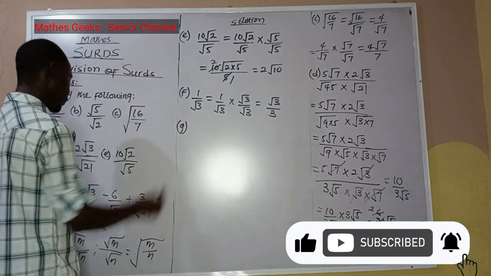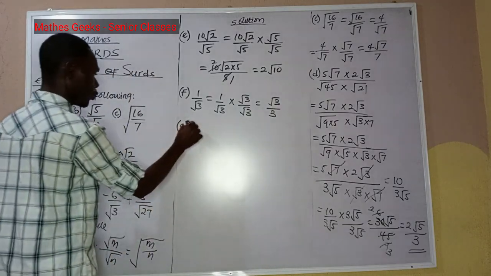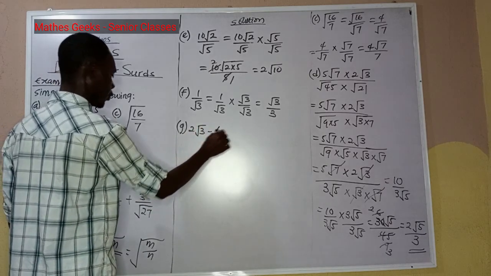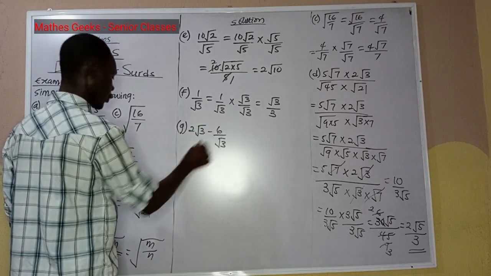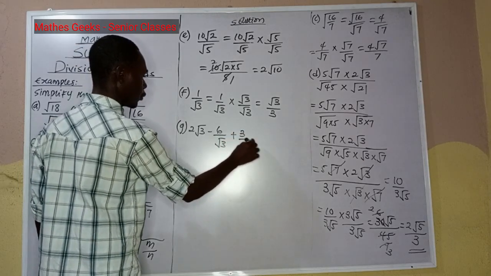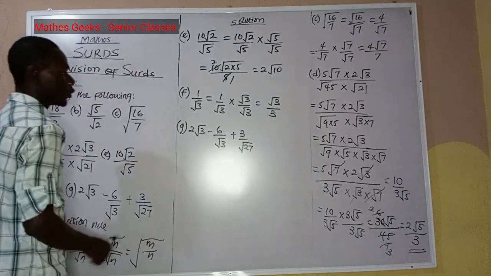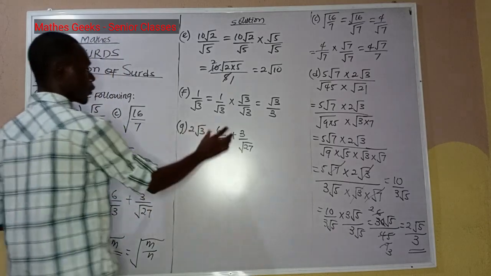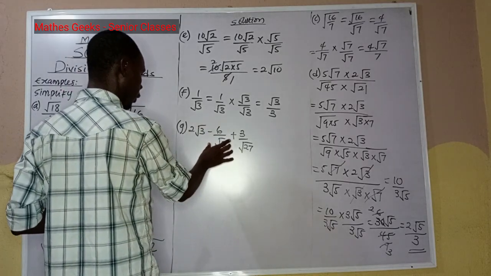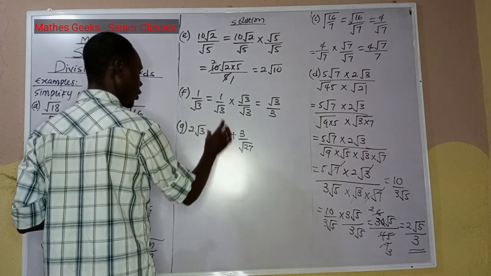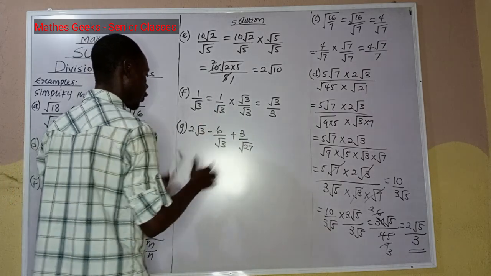And G, we have 2 root 3 minus 6 over root 3 plus 3 over root 27. So here we have a surd as denominator. Here we have a surd as denominator. So we are going to rationalize each of these surds individually.